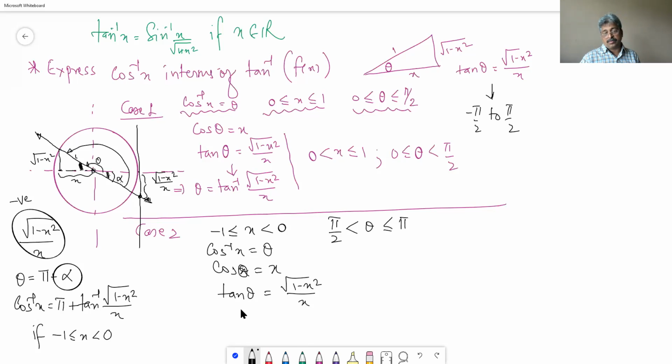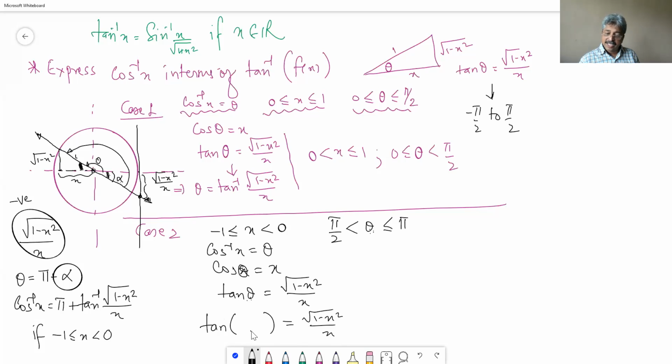Therefore tan theta is equal to radical 1 minus x square upon x. Now, if I am going to invert this, then this theta will not allow me to take tan inverse. So I have to bring this theta into the desired zone, and after considering it in the desired zone, tan theta needs to be replaced by some tan angle, such that I get radical 1 minus x square upon x.